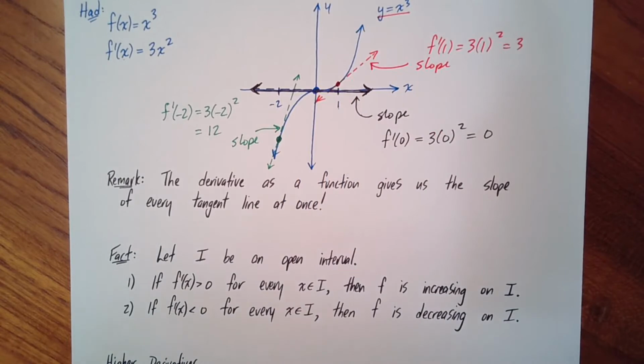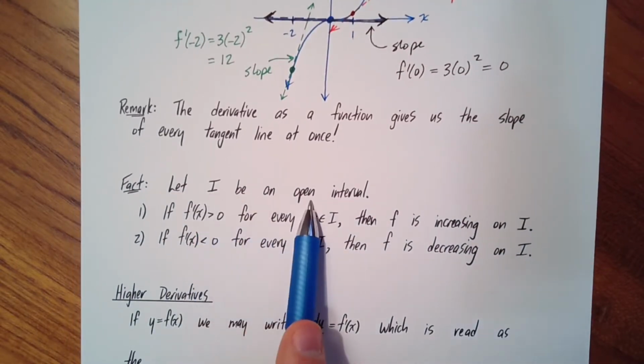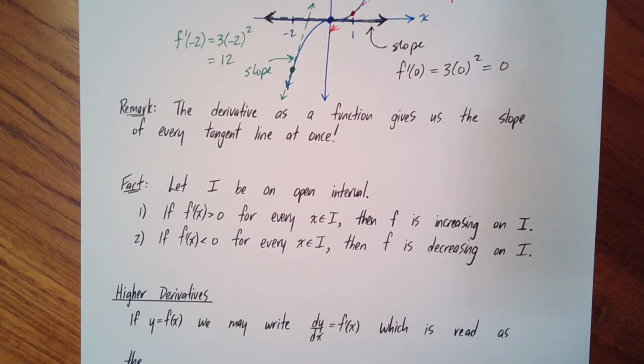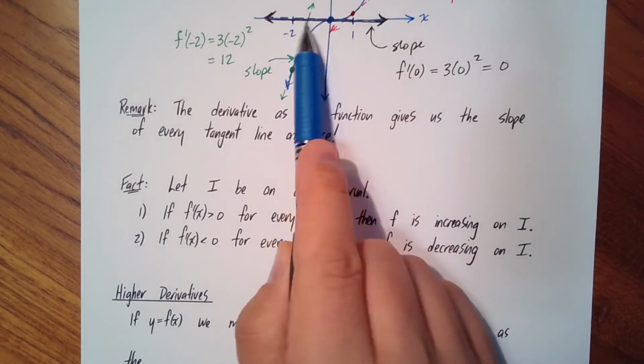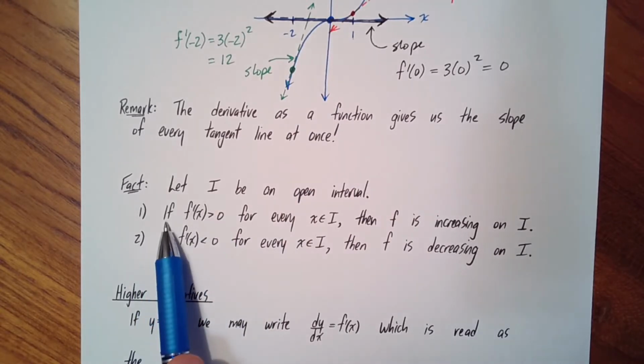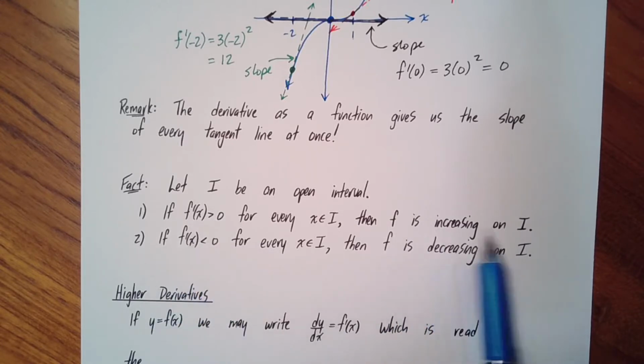So that should be the thought in the back of your mind when we read this fact here. So let I be an open interval. So we're going to start with some open interval of points. You might think of it as, say, the interval from -2 to 0. This would be an example of an open interval that you should think of for this. If you have a function whose derivative is positive at every point in that interval, then your function is going to be increasing on that interval.